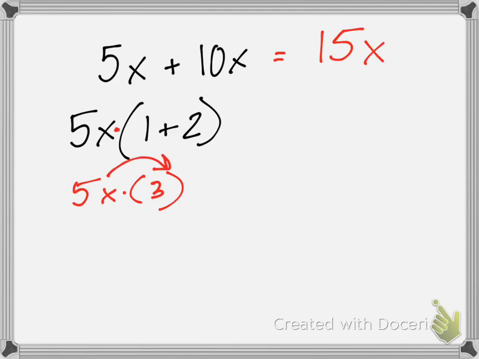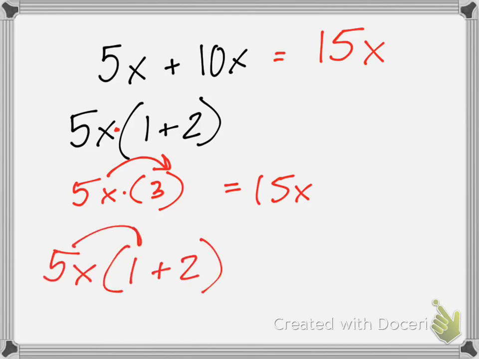What is 5x times 3? Who can tell me 5x times 3? Exactly, it is 15x. Perfect. Again, we're getting that same thing. We checked our work. What if we did it like this? If we did that 5x times 1 plus 2. If I distributed it over here, again, I would get 5x plus 10x equals 15x.